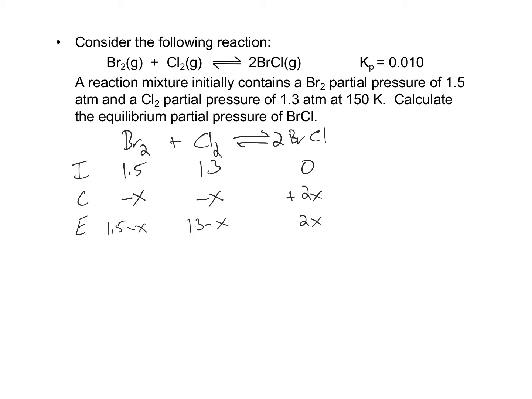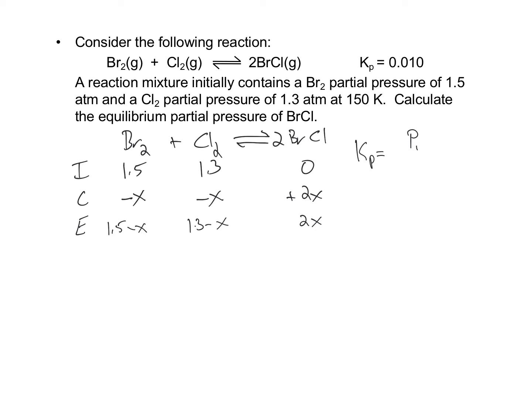And now, I don't know the equilibrium concentrations, but I only have one unknown in that equilibrium row. And so I can write down the equilibrium constant expression. So we know that Kp is going to be the concentration of BrCl. Well, actually, since we have pressures, not concentrations, let's use the correct notation.